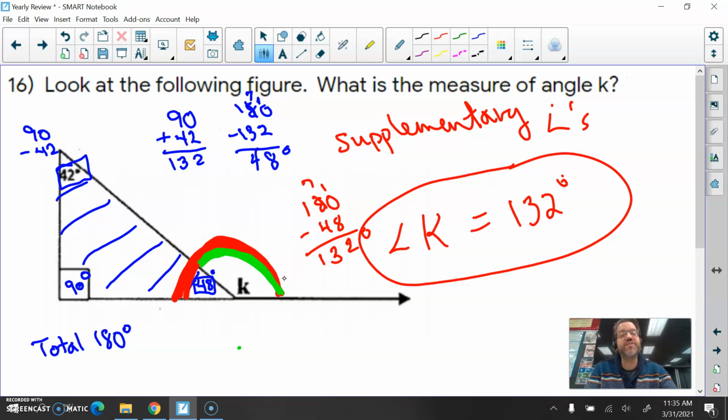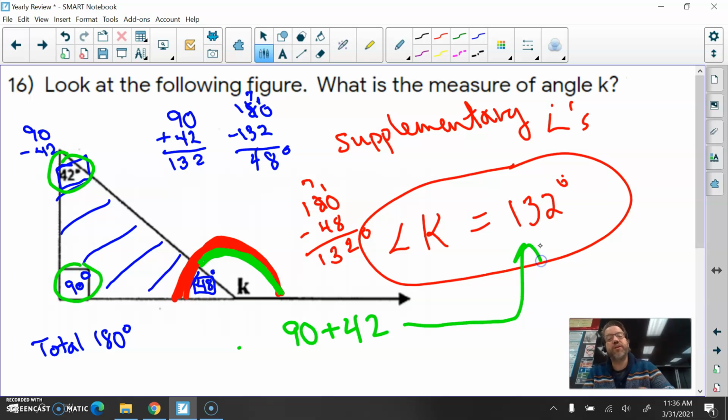There's a rule that says this exterior angle outside of this triangle has to equal the sum of these two angles over here on the opposite side of the triangle from it. So actually, if you were to check that, 90 plus 42, you will find that does equal 132 degrees. So if you can remember that, that's a shortcut for a problem like this.